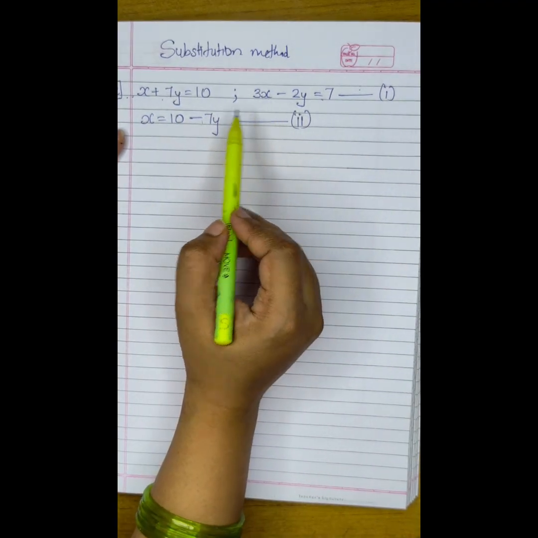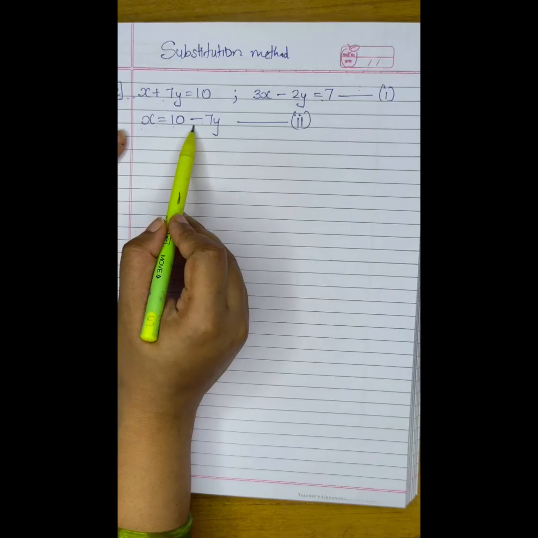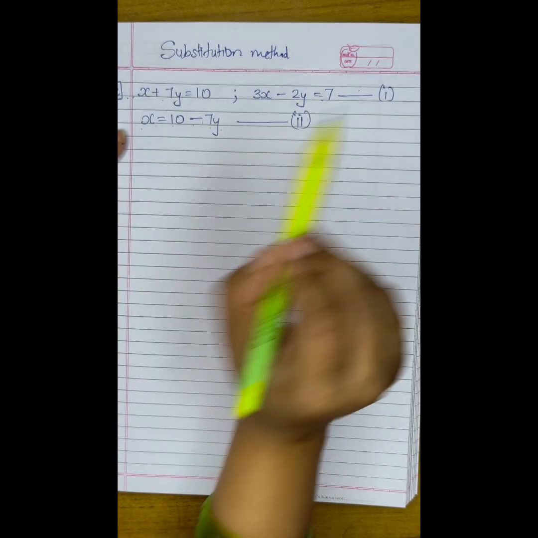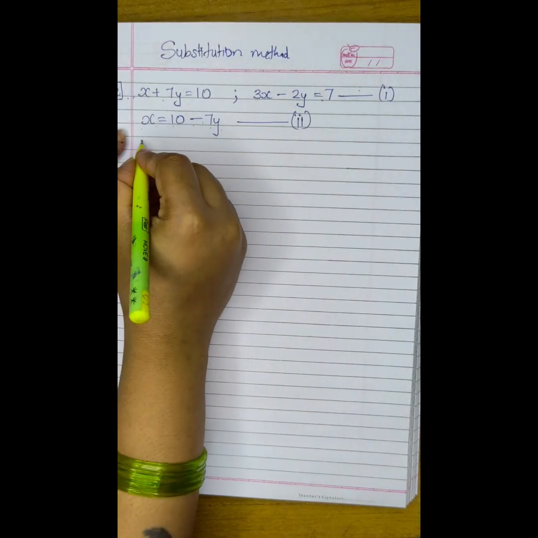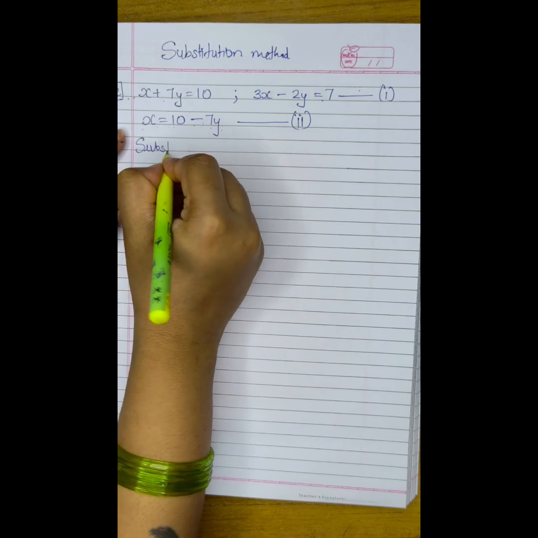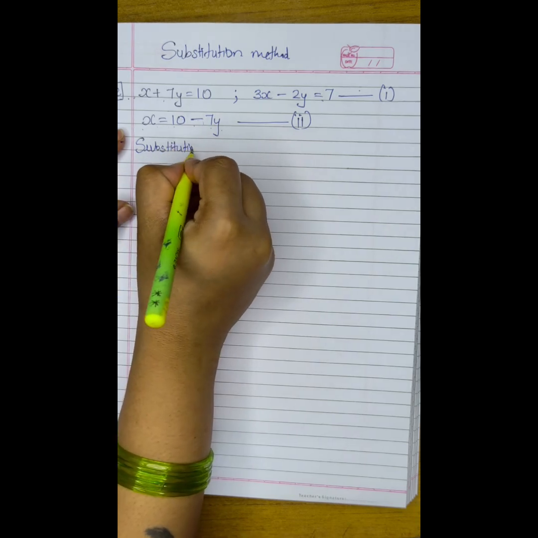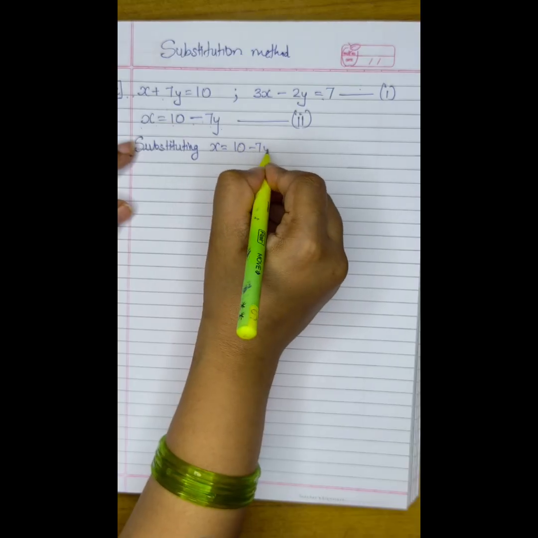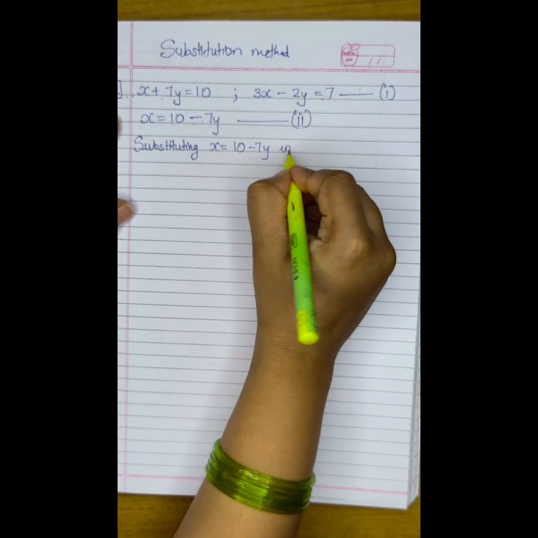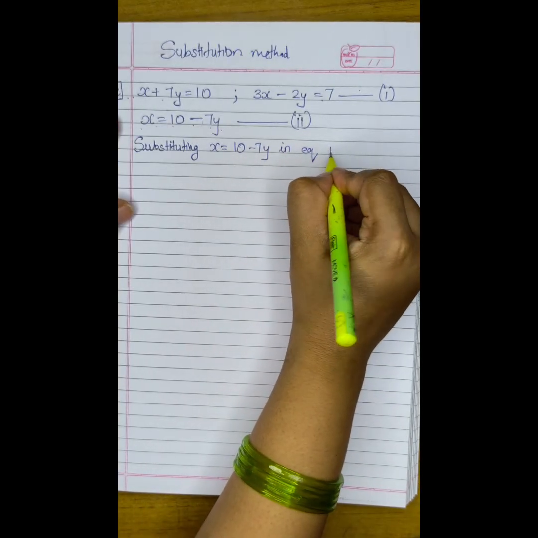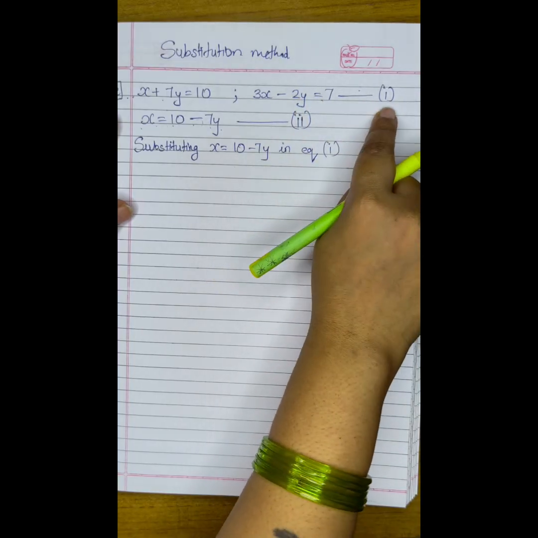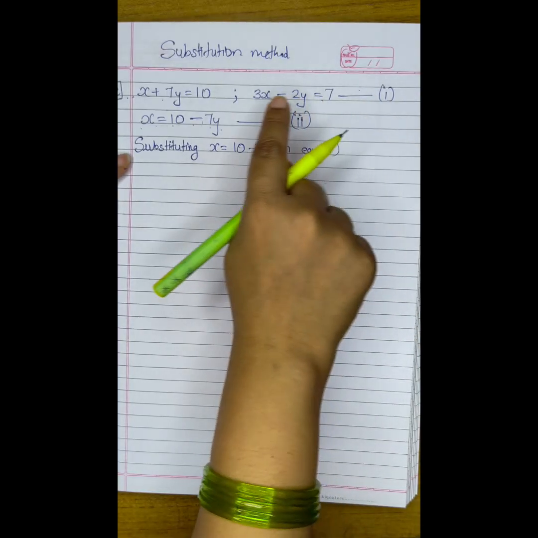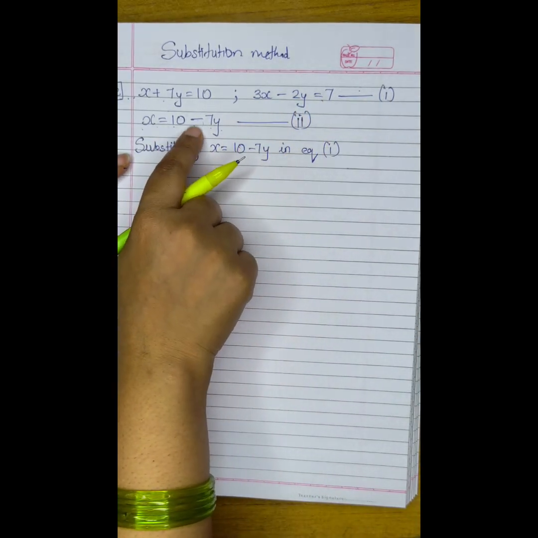Now substituting x is equal to 10 minus 7y in equation 1. In the first equation, the value of x we will use 10 minus 7y.